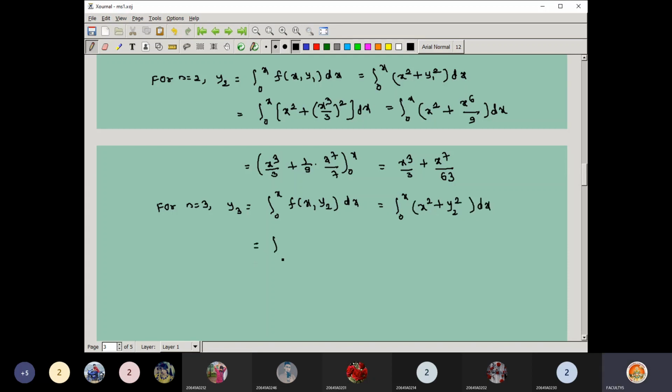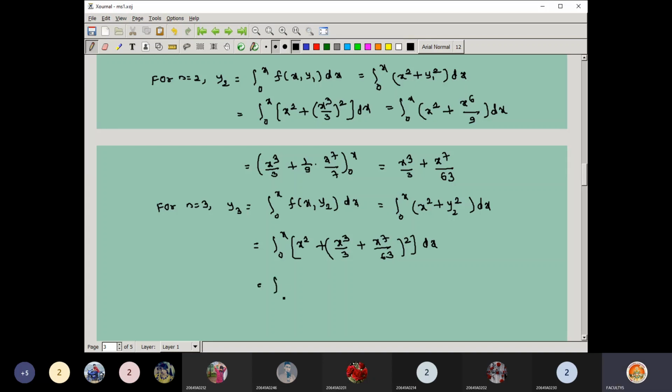So this is the integral from 0 to x of x squared plus y2 squared, and we have already calculated y2: x cubed by 3 plus x to the power of 7 by 63, all squared, dx.